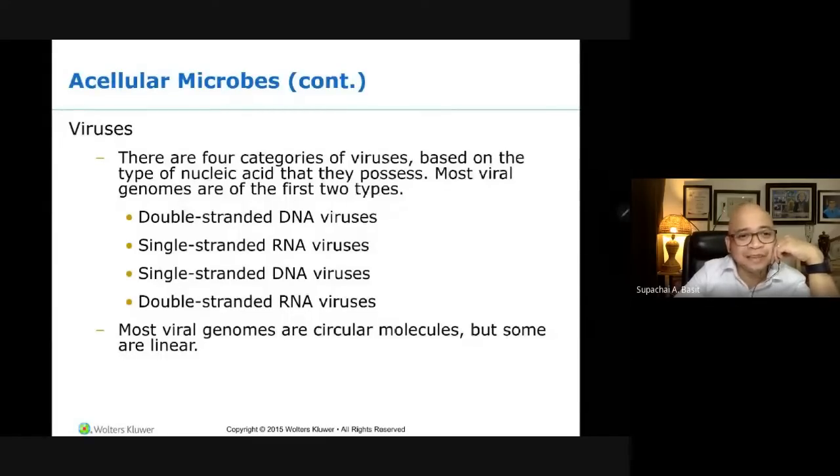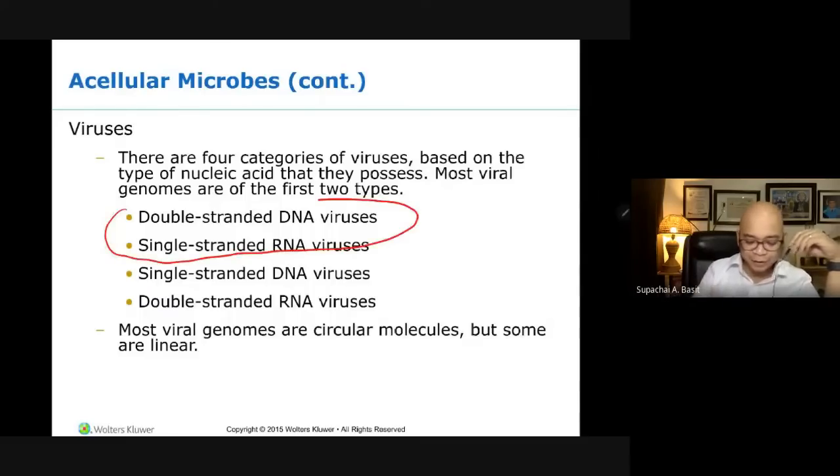Most of the viral genomes are the first two types, the double-stranded DNA viruses and the single-stranded RNA viruses. We also have single-stranded DNA viruses and double-stranded RNA viruses. Most viral genomes are circular molecules, again, but some of them are linear.